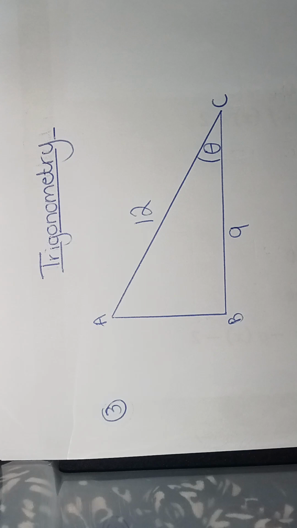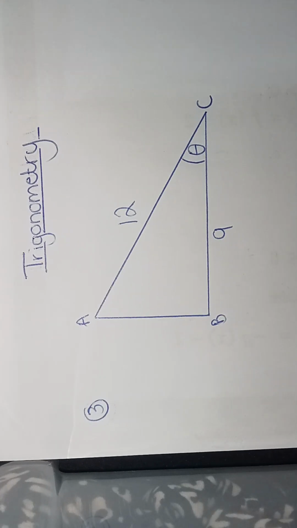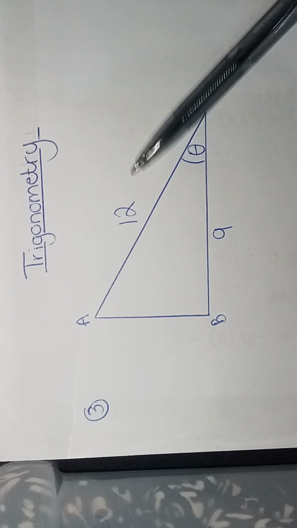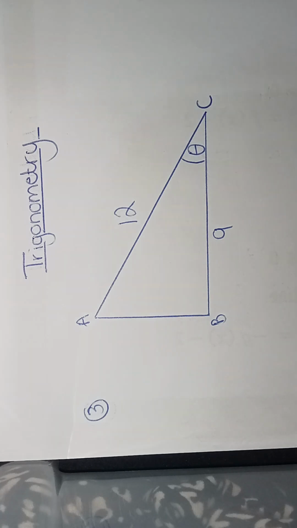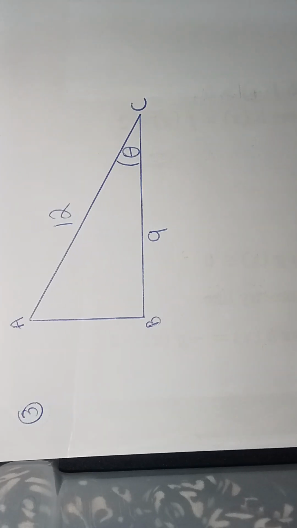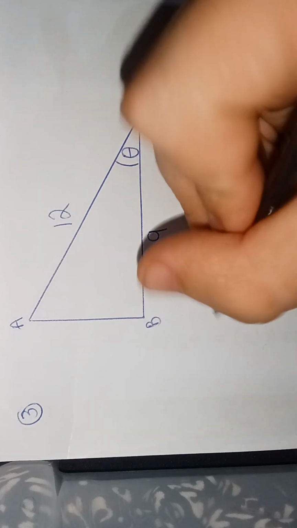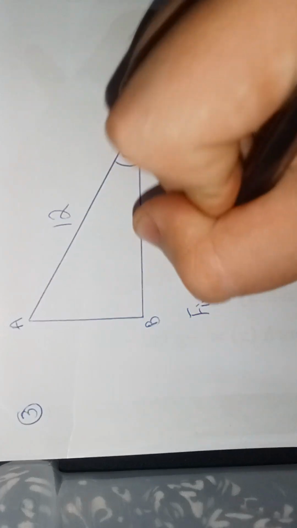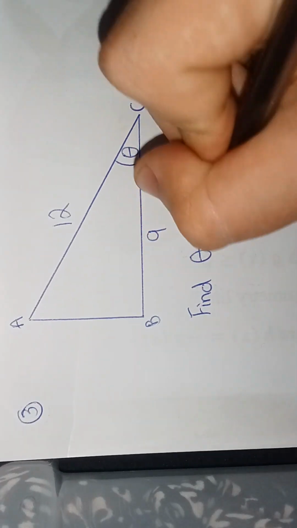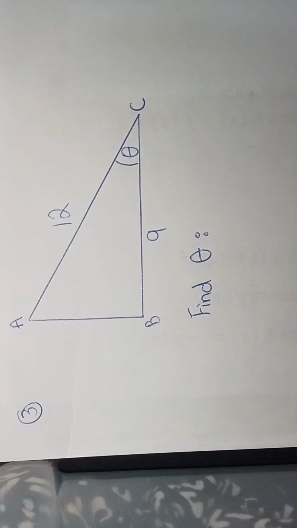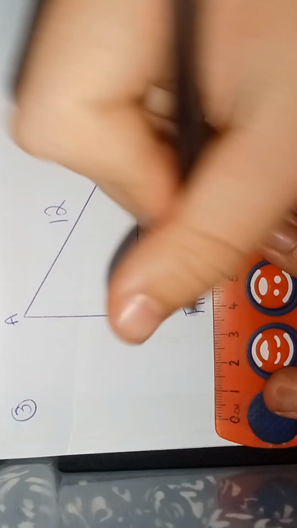Okay, and this is the last one. The most asked question that they can give you is they want you to determine the value of theta. Okay, so just find theta. Let's say that's what they ask you.